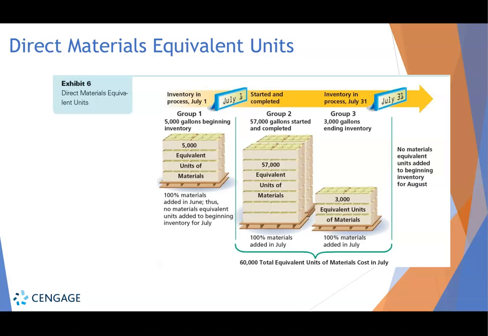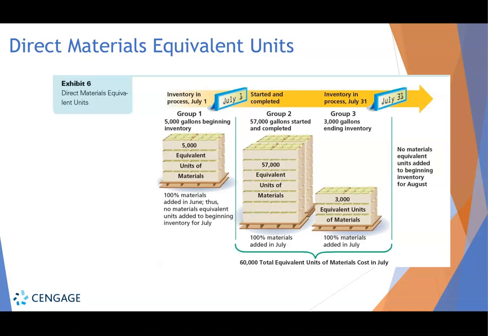The 57,000 gallons started and completed in July, the Group 2, are 100% complete as to materials. So the equivalent units of material costs for the gallons started and completed in July are the 57,000 gallons at 100%.